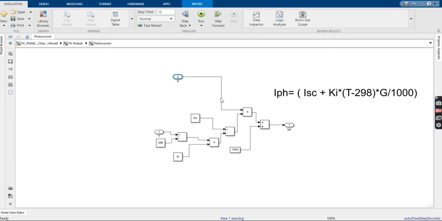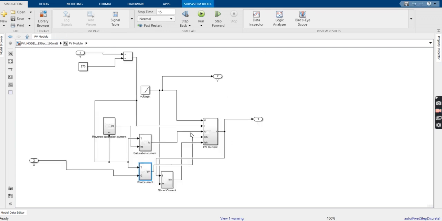We have taken the G value that should be divided by 1000. So this was the value G into ISC. The ISC has been taken here, plus KI, this is the addition block, KI into T minus 298. The T has been taken, minus 298 into KI has been given to this, and the IPH value is calculated like this.